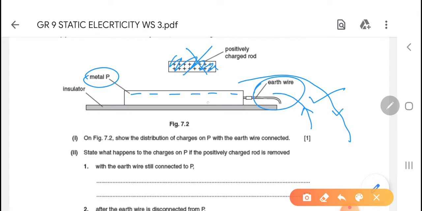Those extra electrons will flow back to earth. So the metal plate P will become neutral if we remove the positive charge rod while keeping the earth wire. That will be the consequence of removing the positive charge rod and keeping the earth wire.